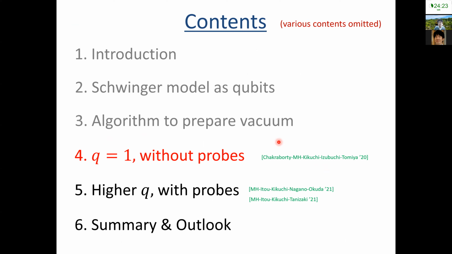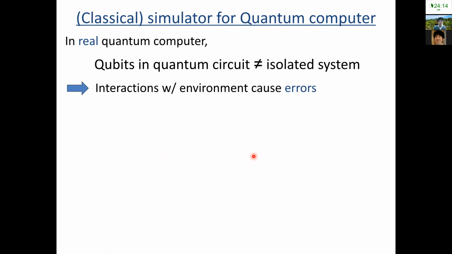Next, let me show our numerical result for the Schwinger model without the probe charge. Before that, I have to explain something about real quantum computers and classical simulators. In a real quantum computer, a qubit in the quantum circuit is not an isolated system, and we have an interaction with the environment, and then we get errors.